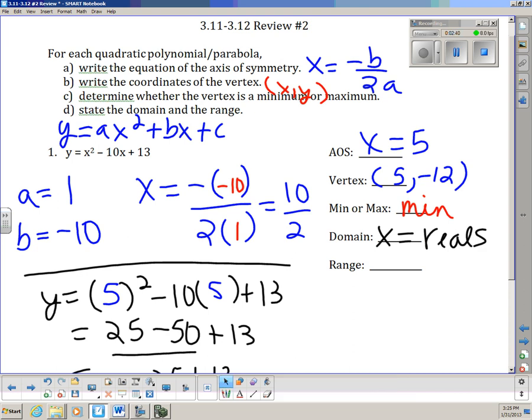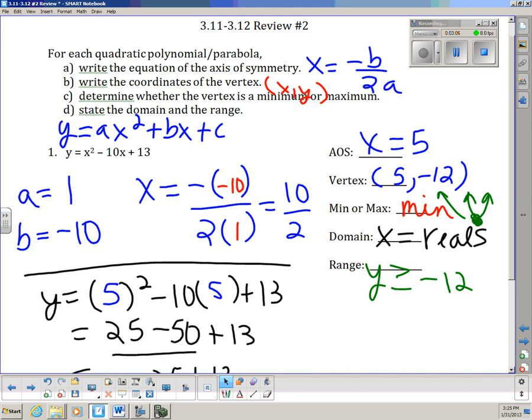The range has everything to do with the y coordinate of the vertex and whether you have a min or a max. The fact that you have a min, remember your parabola is going to go this way. So you know that the y coordinate is going to be greater than or equal to whatever the lowest y value is. Well, your lowest y value is negative 12.